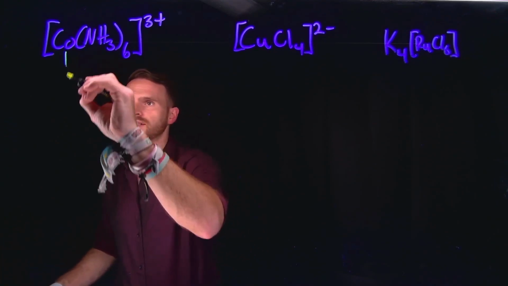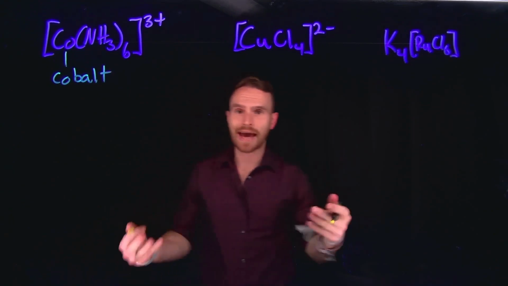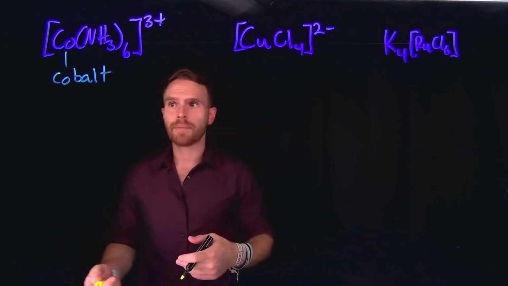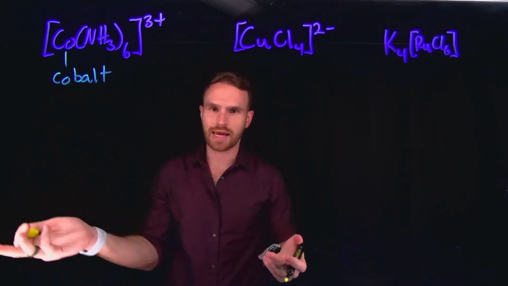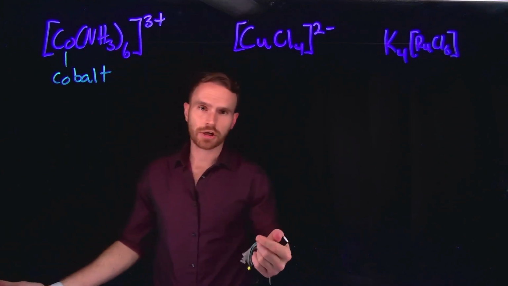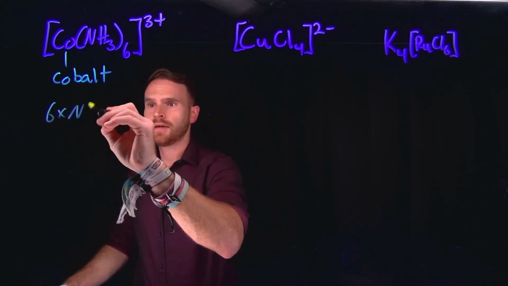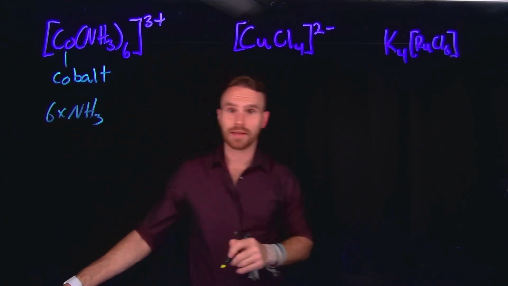So I know that Co is cobalt, and I know that this is a cationic species. So what's going to happen is that I'm just going to leave cobalt's name as it is, and I'm going to include the charge. I know that each of these amine ligands are neutral. There are 6 of those neutral amine ligands.